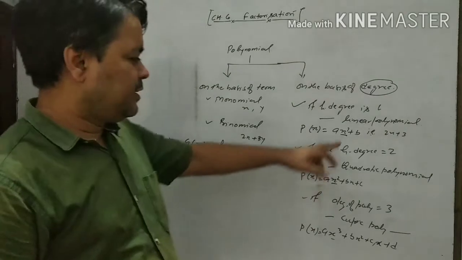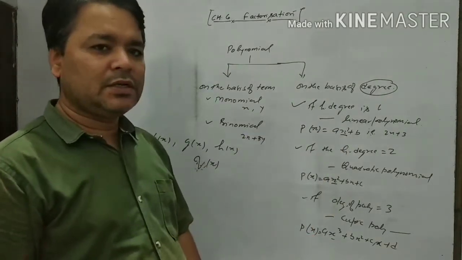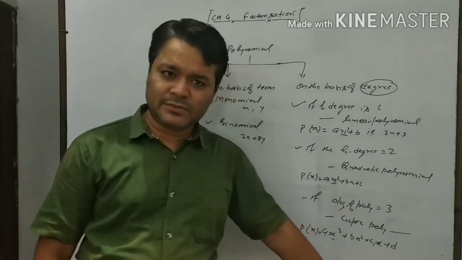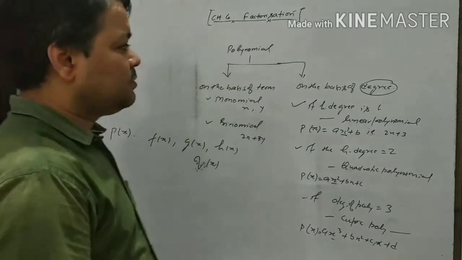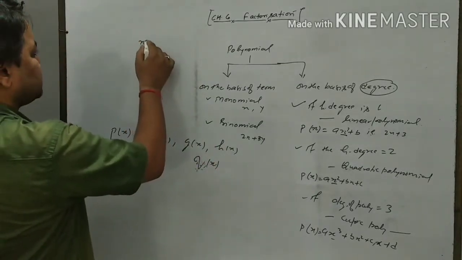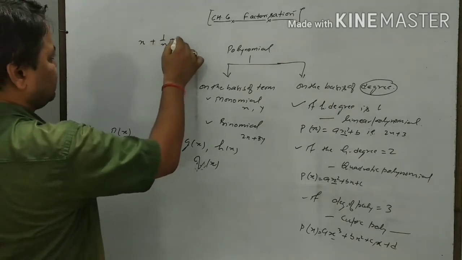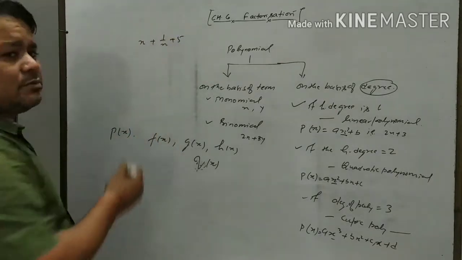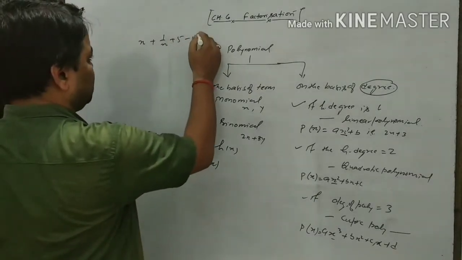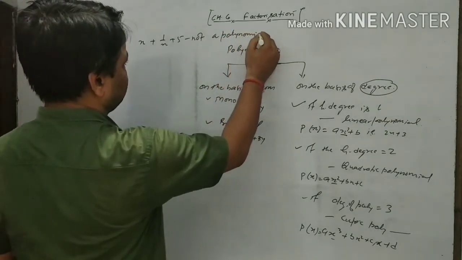Here linear polynomial, quadratic polynomial, cubic polynomial. Do you know the difference between a polynomial and an algebraic expression? Algebraic expression means, this is also an algebraic expression, x plus 1 by x plus 5. This is also an algebraic expression, but this is not a polynomial.